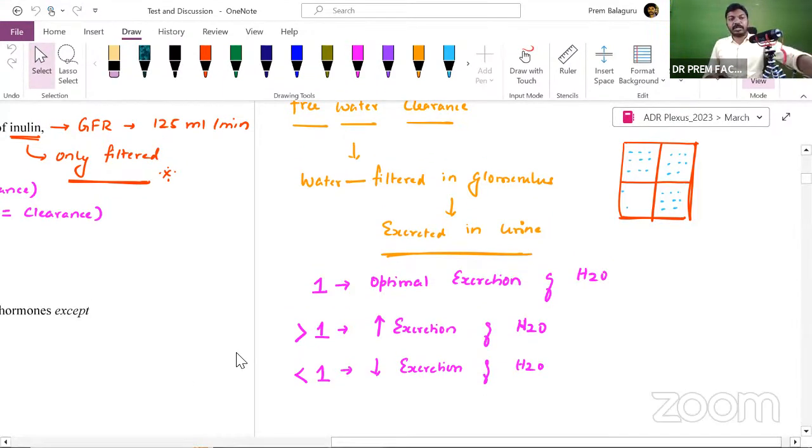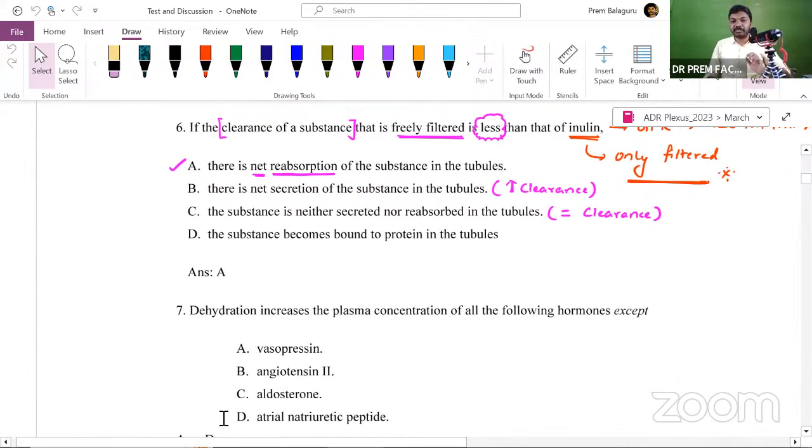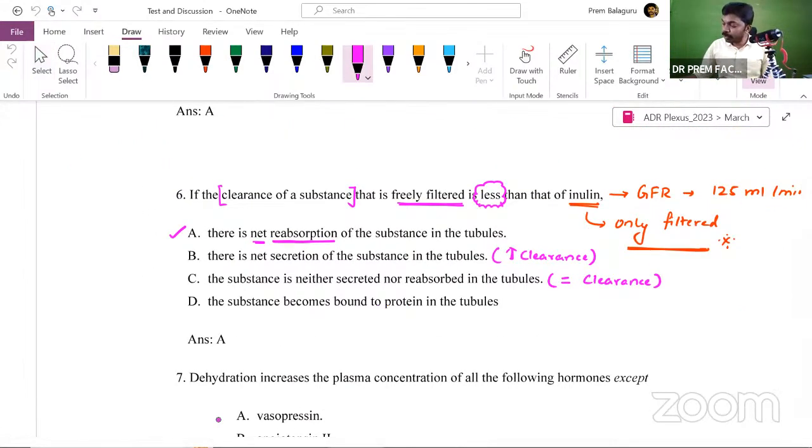And this free water clearance has got nothing to do with GFR, people. Please remember, whenever we use inulin, we are talking about measurement of glomerular filtration rate. So clearance can be used to measure 2 parameters.